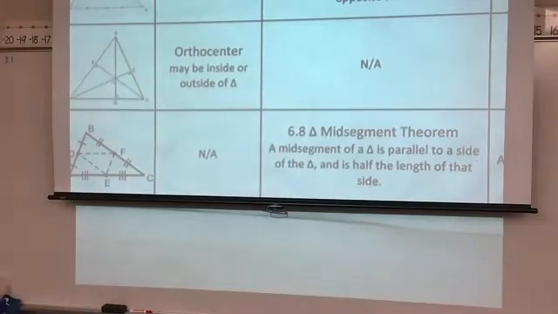So our triangle midsegment theorem tells us that a midsegment of a triangle is parallel to a side of the triangle and is half the length of that side. The midsegment is parallel and half the length of one of the sides.